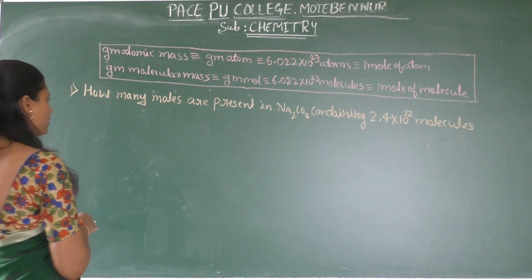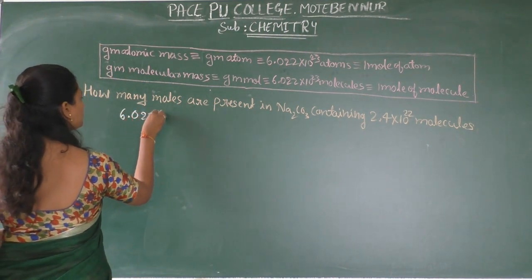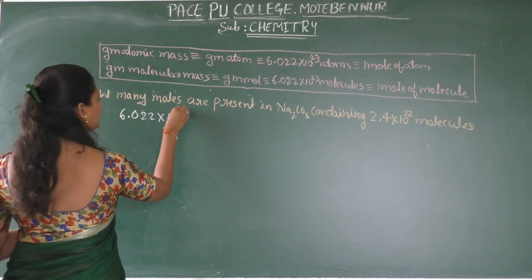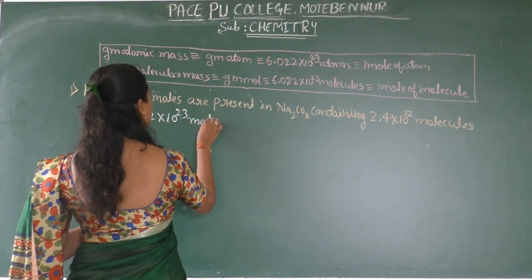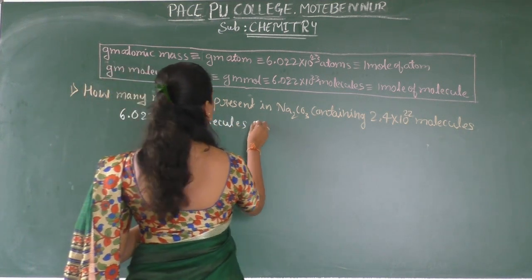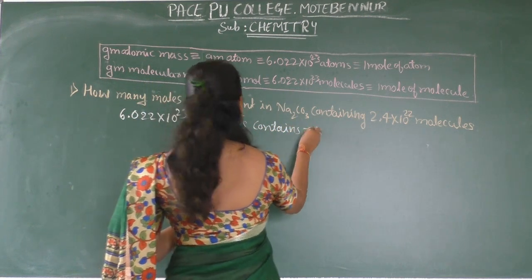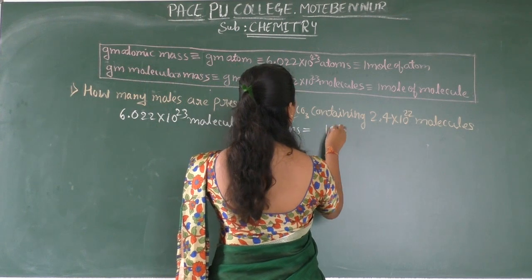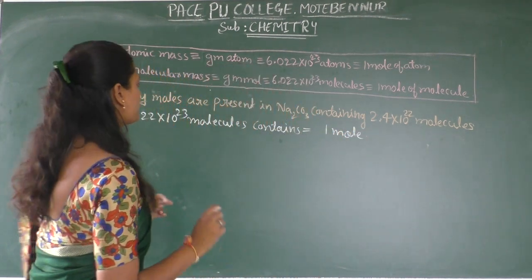So here we already know that 6.022 into 10 raised to 23 molecules of Na2CO3 contains 1 mole. Okay, so 1 mole of molecule.